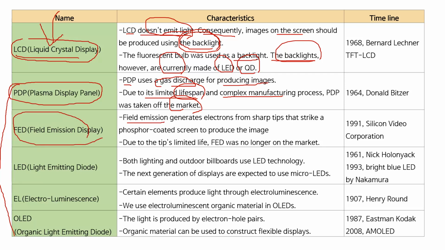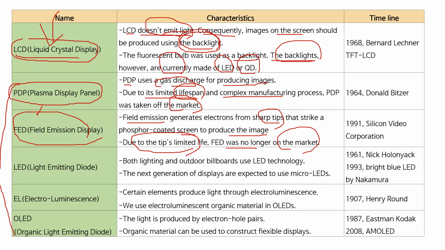Field emission generates electrons from sharp tips that strike a phosphor-coated screen to produce an image. This FED also went off the market because, due to the tip's limited life, FED was no longer on the market.